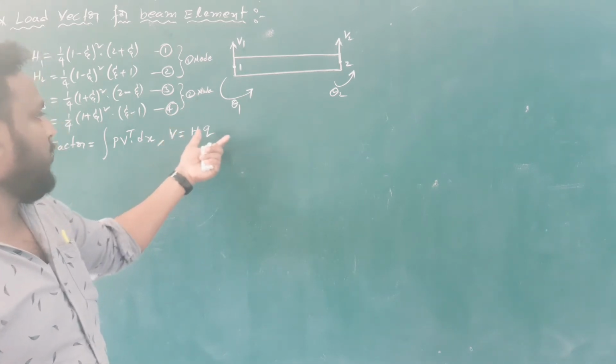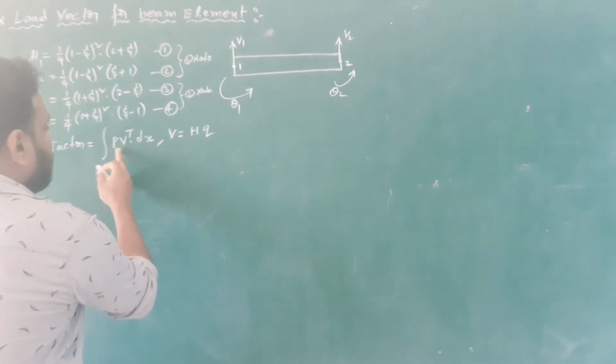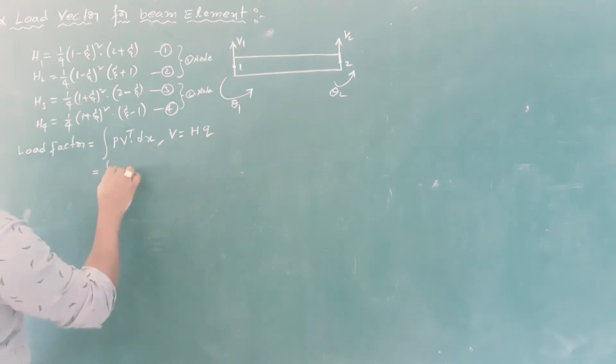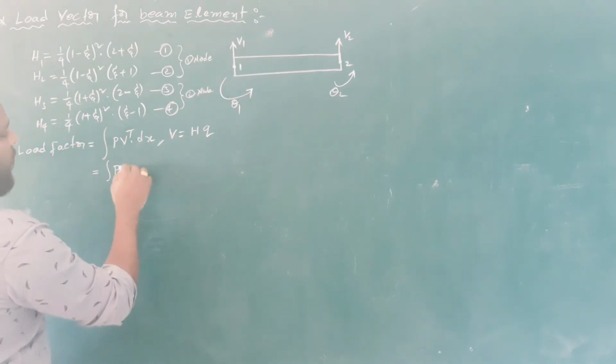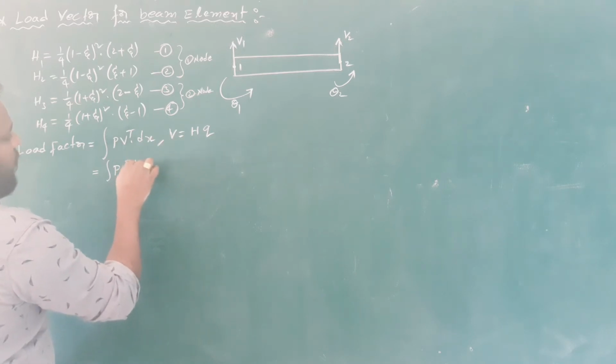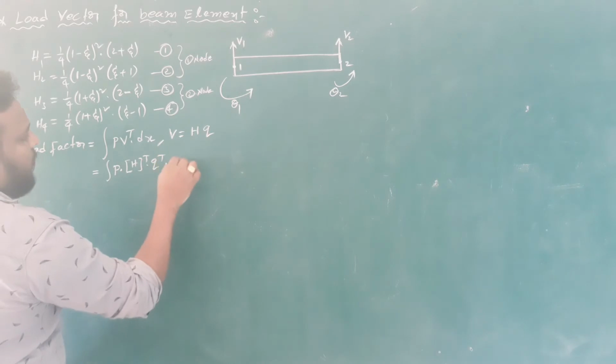V is equal to H into Q. Substituting this for V in the equation, we get the integral of P into H transpose and Q transpose into dx.